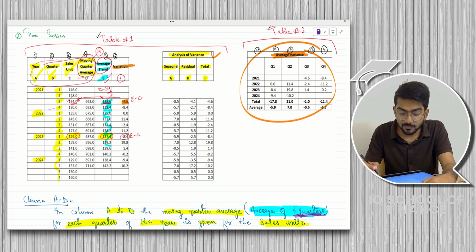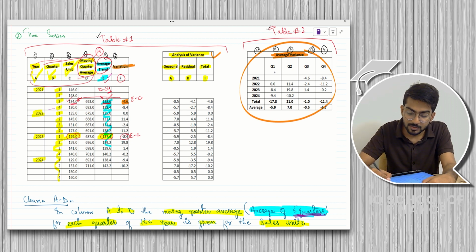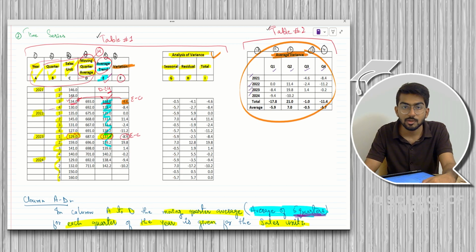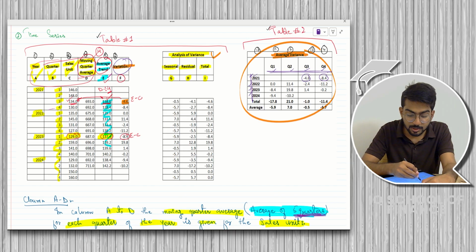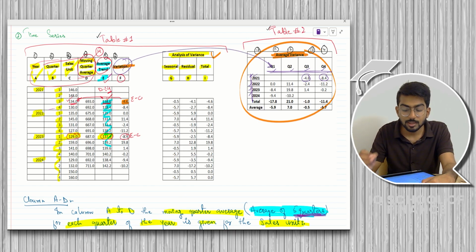Now be very focused. See here we have quarter 1, 2, 3, 4 for 2021, 2022, 2023 and 2024. So in columns we have quarters, in rows we have years, and against each year we have the quarter average, right? This is coming from the variation. So the variation which you have calculated here, you will take it here.